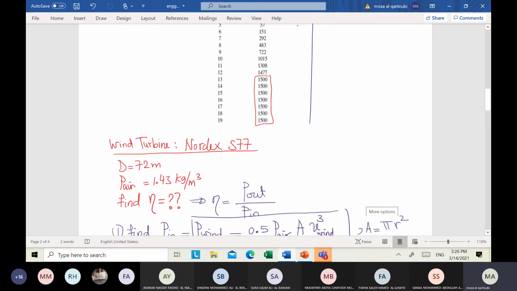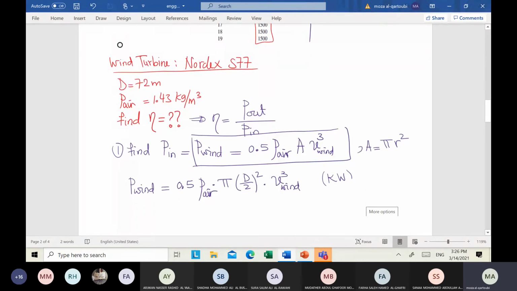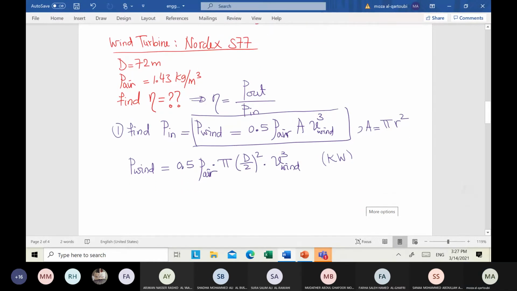So this rule for P in will be different from one value to another. It depends on what? Since 0.5 is constant, pi is constant, and D, the diameter, is given as a constant 72, it will be the same for all values.